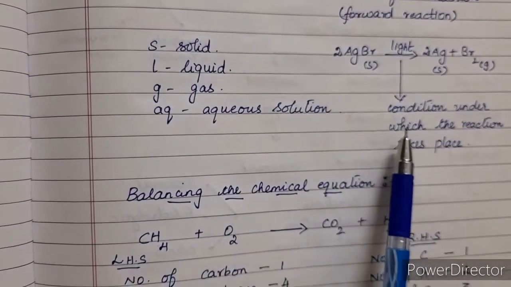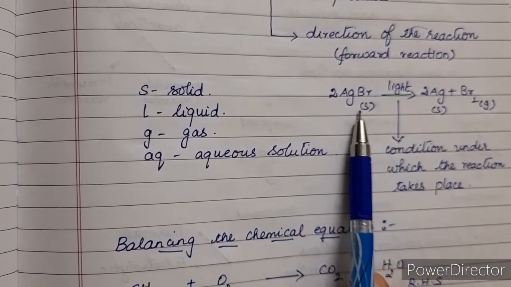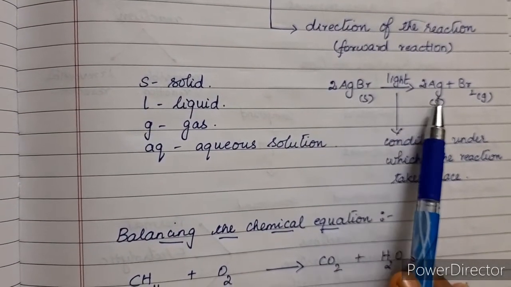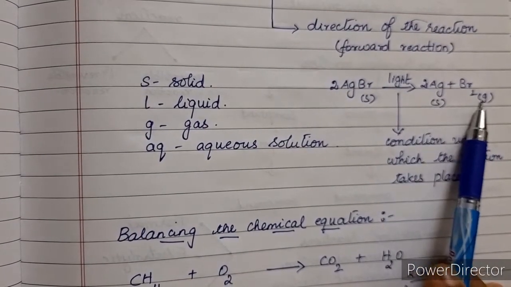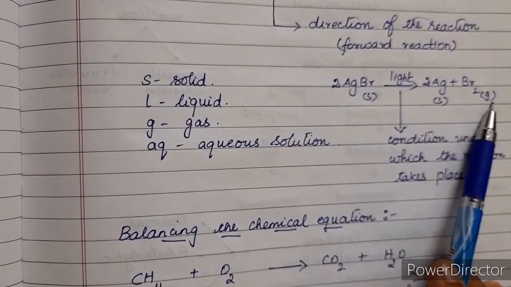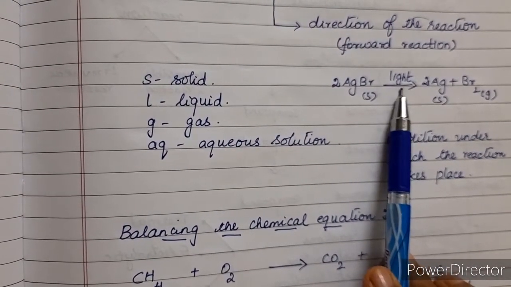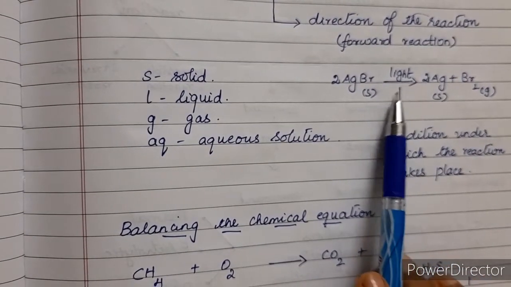Now look into this example, children. Here you can see an example of silver bromide decomposing to give silver plus bromine. This reaction takes place in the presence of sunlight, so this is the condition under which the reaction takes place.